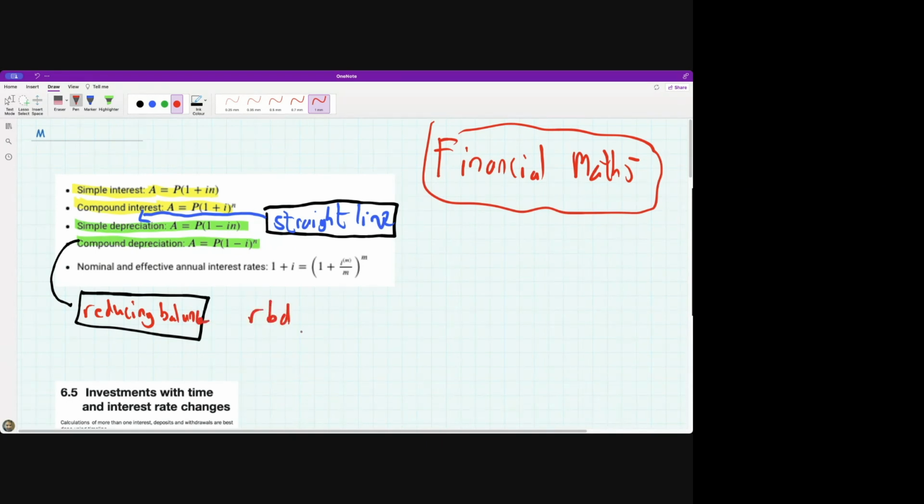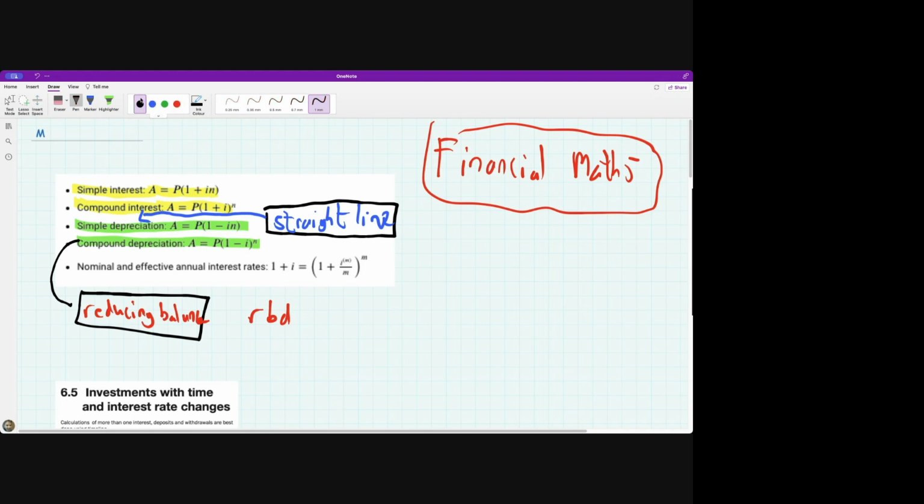And that's the same as compound depreciation. Now, if we look at the yellow and the green formulas, there's only one difference. What's the only difference? Well, if we connect up the right ones, the only difference between the formulas is that when we deal with depreciation, there's a negative, whereas when we deal with interest or appreciation, there's a positive.